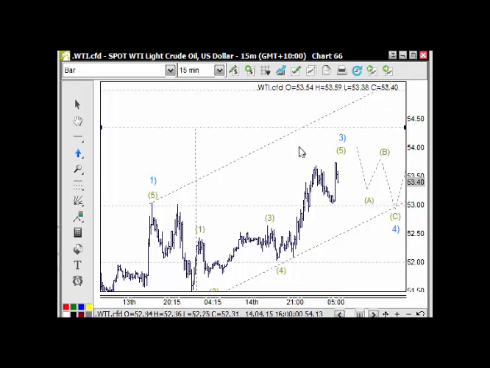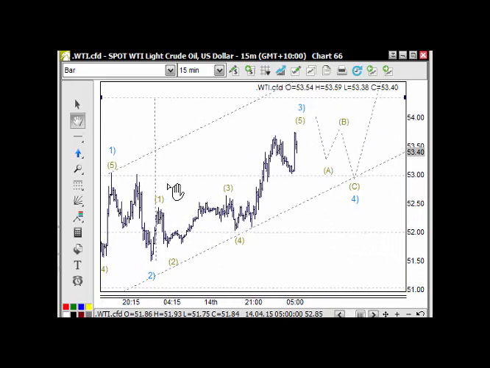Well, this whole third wave, it doesn't look like it's going to make it to this area up here. So what that would be telling me is that wave 3 is going to be shorter than wave 1, and wave 3 can't be the shortest in the sequence. So that means that wave 5 is going to be short.